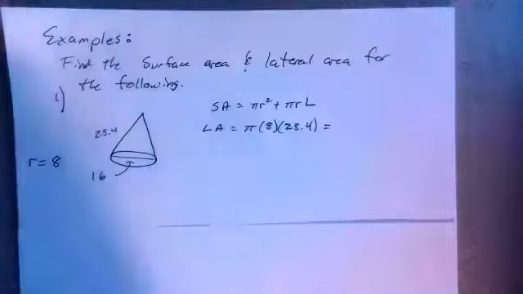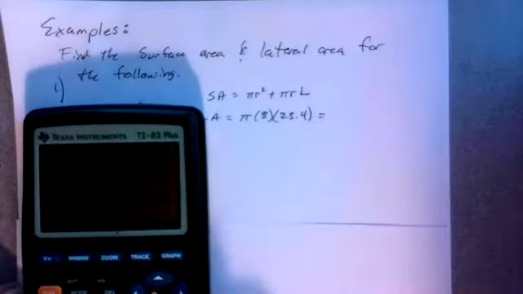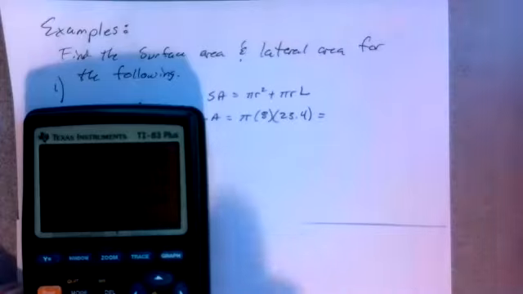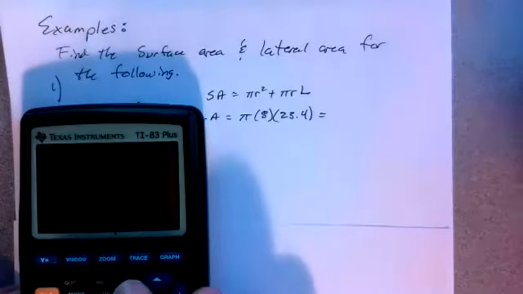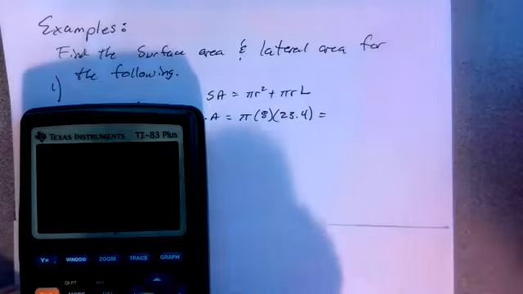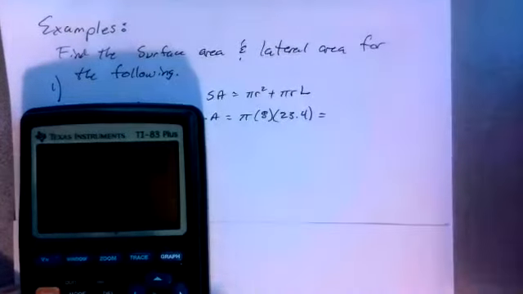And when I plug that in my calculator, we're using 3.14 for pi times 8 times 23.4. It is, oh, what did I do? Oh, excuse me.